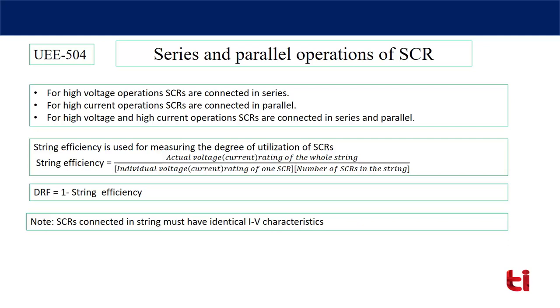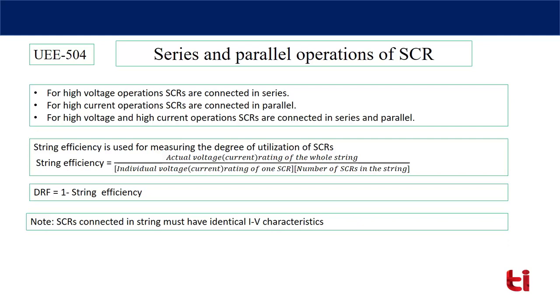The system becomes costlier. That's why a term string efficiency is used here. It is used for measuring the degree of utilization of SCRs. It is generally less than 1 and is defined as the actual voltage or current rating of the whole string divided by the individual voltage or current rating of one SCR multiplied by the number of SCRs in the string.